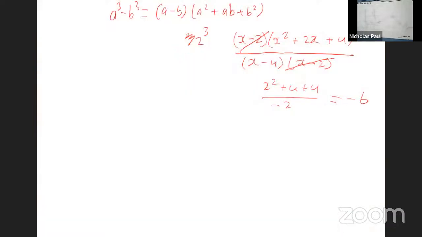The reason I scratched the 8 is so I could use the rule a cubed minus b cubed. Remember, they had x cubed minus 8. So I took off the 8 and I wrote 2 cubed instead, so I could use a cubed minus b cubed.